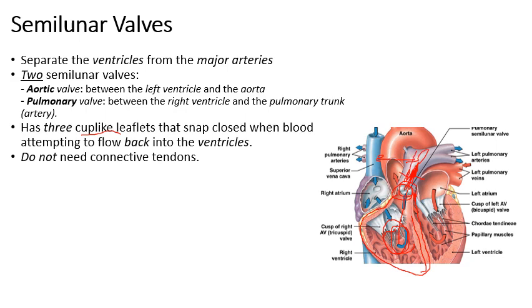Yeah, it would want to backflow into the ventricles. So that is what the semilunar valves are doing, preventing the backflow of the higher pressure blood in these vessels back into the ventricles. Okay, and those are the semilunar valves.